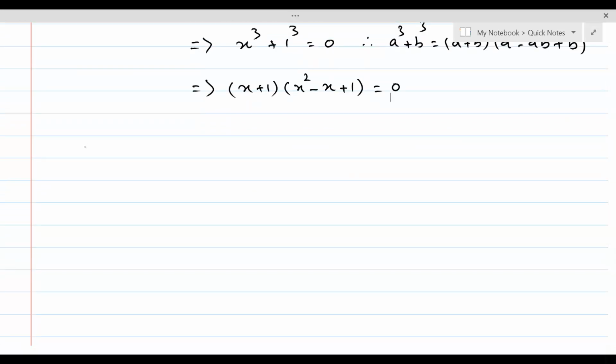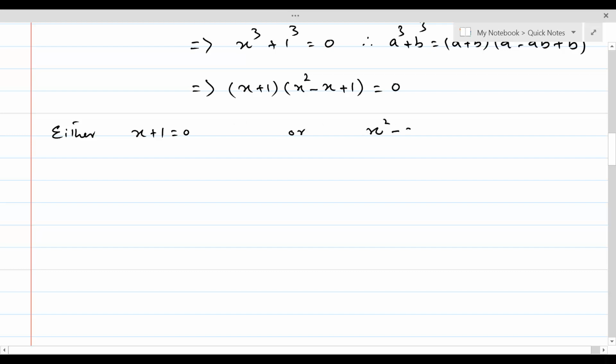This means either x plus 1 is equal to 0 or x square minus x plus 1 is equal to 0. This means x is equal to -1, or if we want to solve x square minus x plus 1 equal to 0, we will be using the quadratic formula, for which a is equal to 1, b is equal to -1, and c is equal to 1.